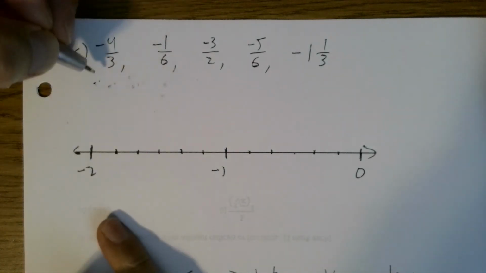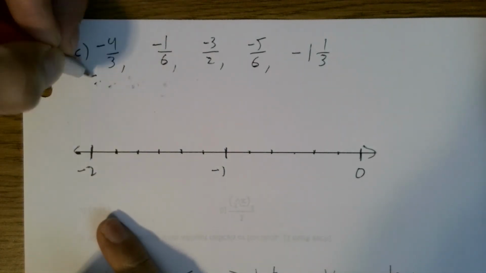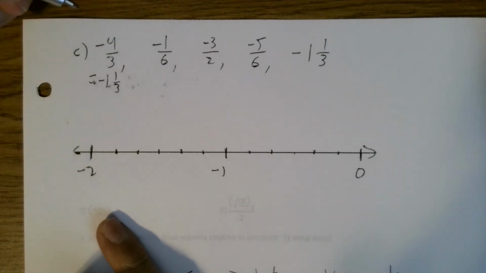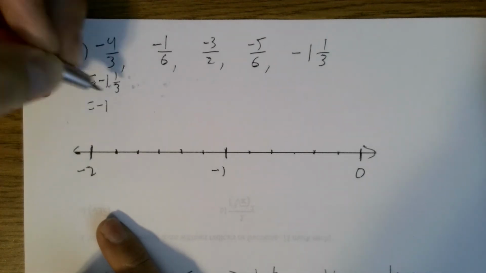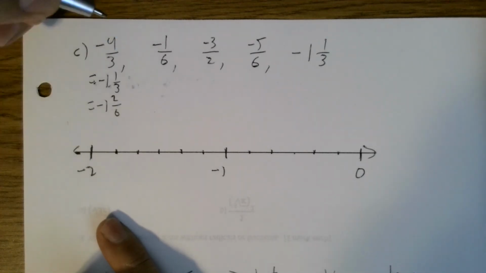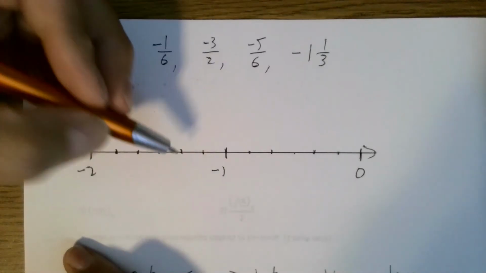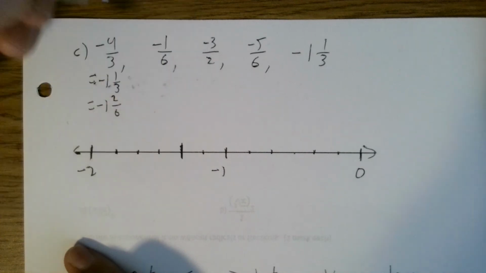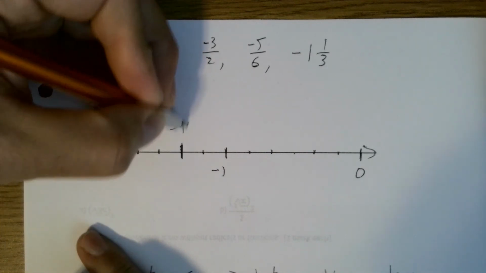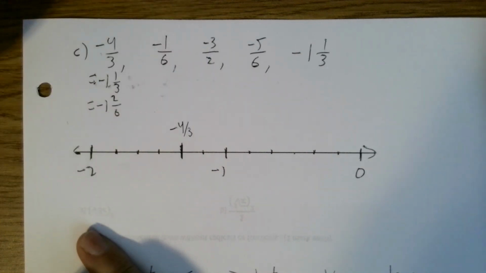That's going to be the same as -1 1/3. And that's the same as -1 and 2/6. So there's -1, and that's 2 of the 6. So that's where my -4/3 is going to be, at -1 2/6.